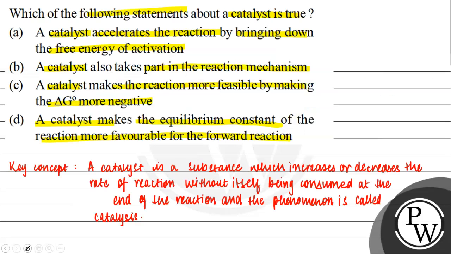Now, if we talk about the points that are given to us, the first one says a catalyst accelerates the reaction by bringing down the free energy of activation. So the first point talks about activation energy.